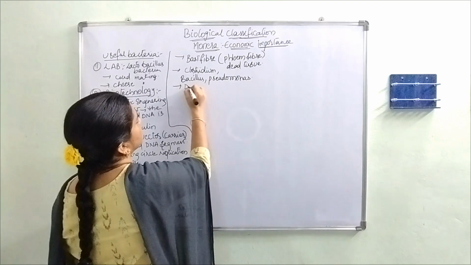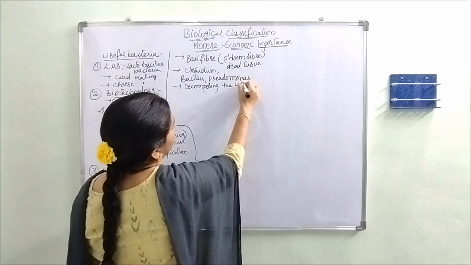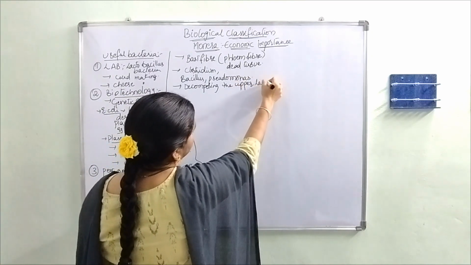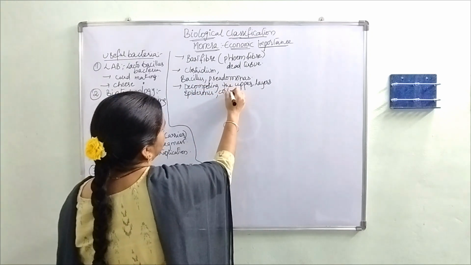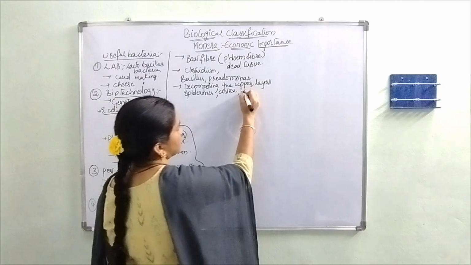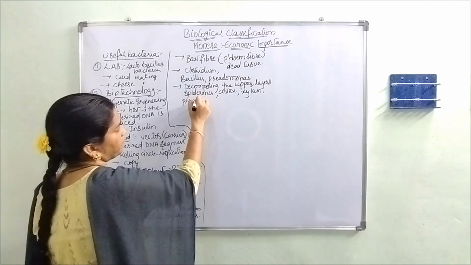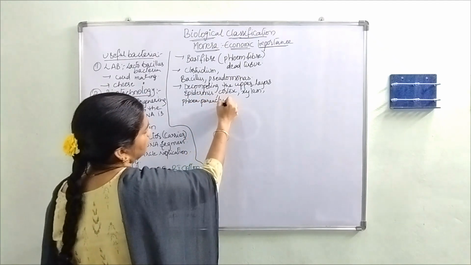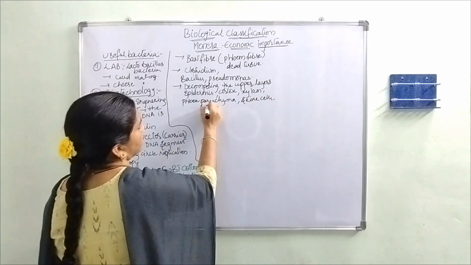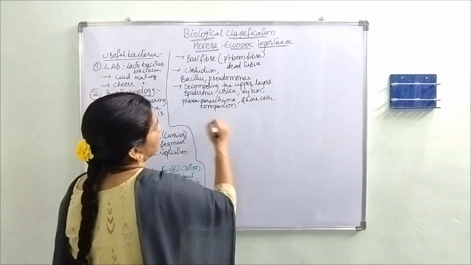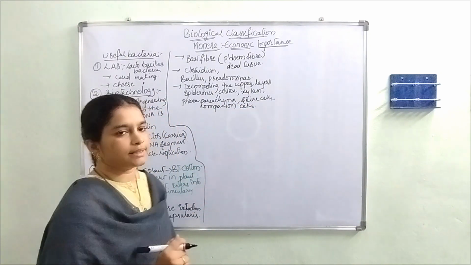By decomposing the upper layers such as epidermis, cortex, and in the stele, xylem, in the phloem, parenchyma, sieve tubes, and companion cells. All these are decomposed and the remaining phloem fiber or jute fiber is extracted.